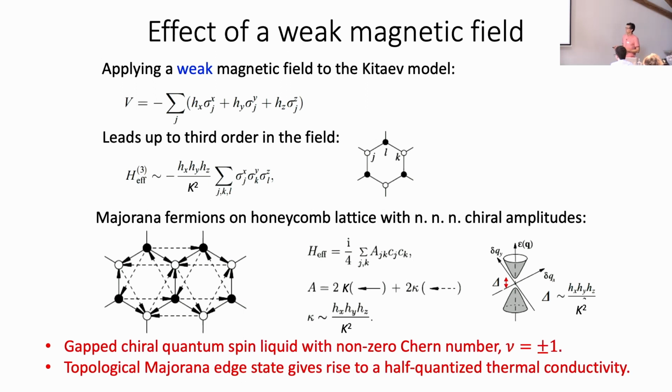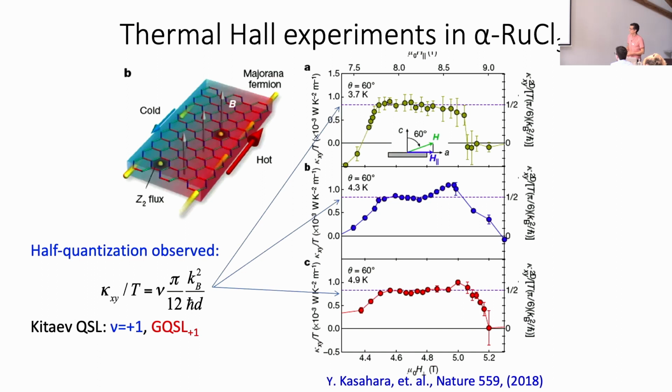And this opens a gap in the spectrum of the Kitaev model, and this has an associated Chern number of plus minus 1, so it's a topological quantum spin liquid, or gapped quantum spin liquid. And because of this, we have an edge state, a Majorana edge state, which leads to a half quantized thermal conductivity, which we have been seeing before, and which has been discussed.